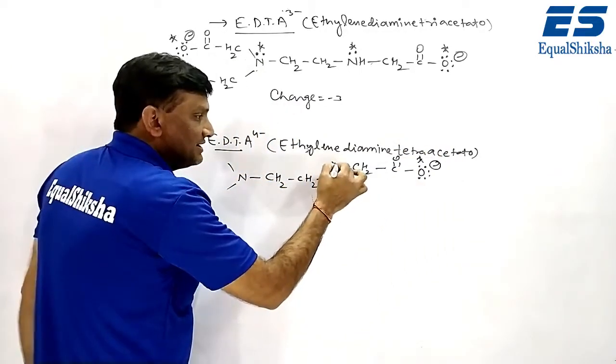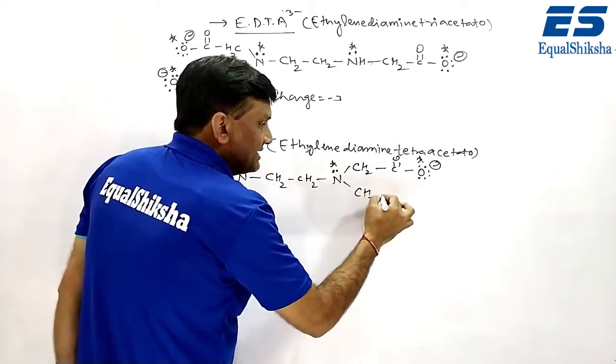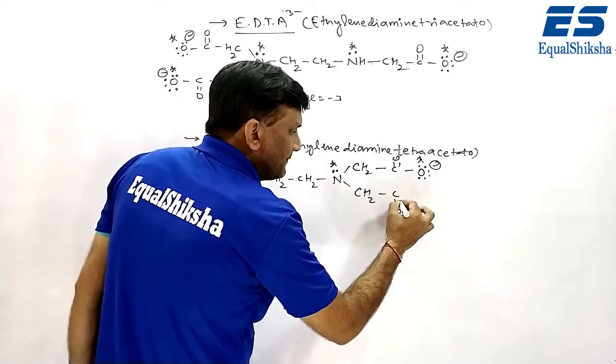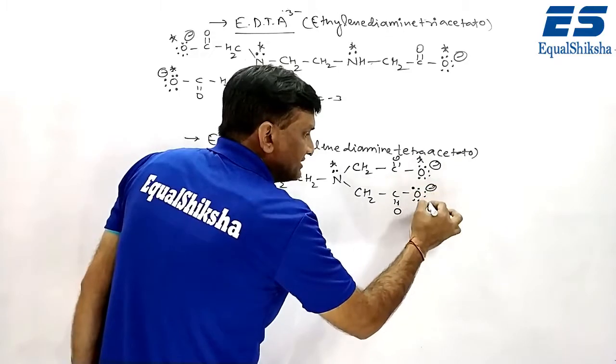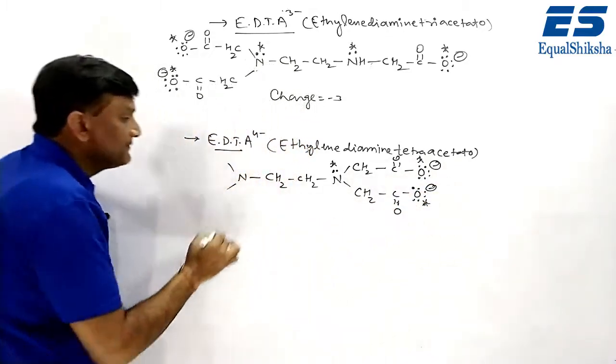This nitrogen is a donor atom, CH2, COO negative is also a donor atom.